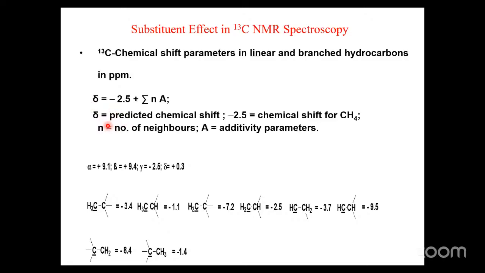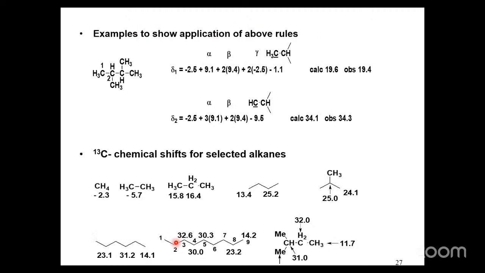This is for hydrocarbons: delta is equal to minus 2.5 plus summation of N times A, where delta is the predicted chemical shift, minus 2.5 is the chemical shift of methane carbon, N is the number of neighbors, and A is the additive parameter. So you may have alpha, beta, gamma, and delta different additives. You have to, of course, take the values from the books and try to predict the values of alkanes.